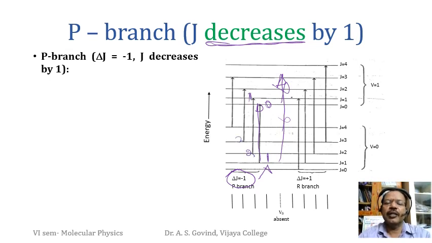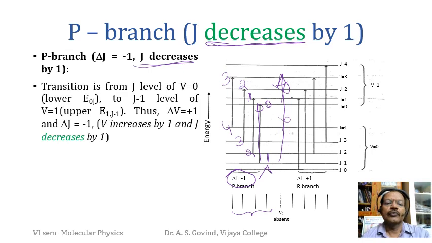Starting from 3, it can go to 2. Starting from 4, it can go to 3. So all these correspond to J decreasing by 1, and therefore these frequencies are P branch frequencies. And notice that they will all come here because delta J is minus 1. So that is all explained here.